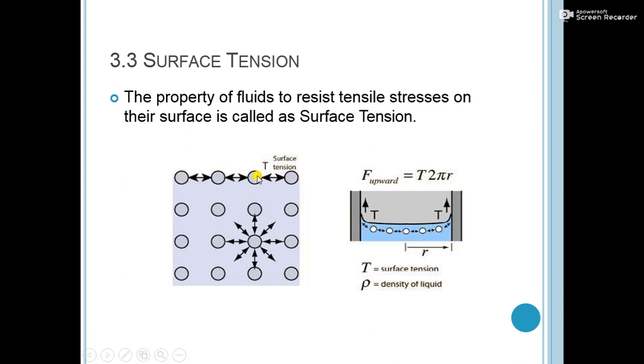So this is denoted by surface tension. Here, in a cylindrical case, this force is equal to surface tension into 2 pi r area. This surface tension acts at both sides of the wall.